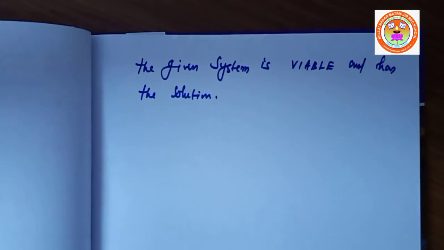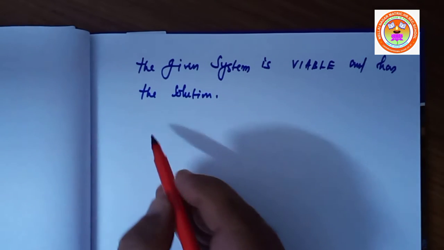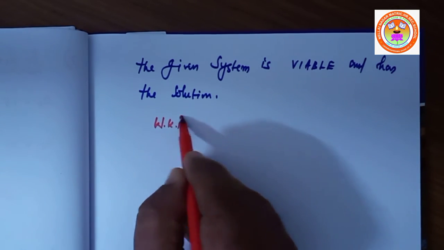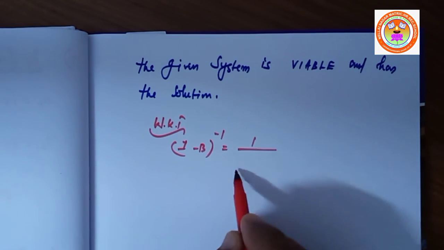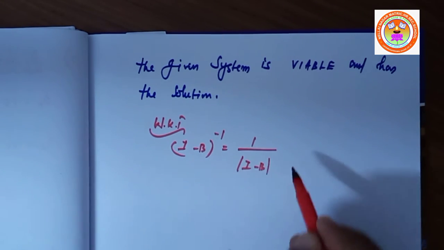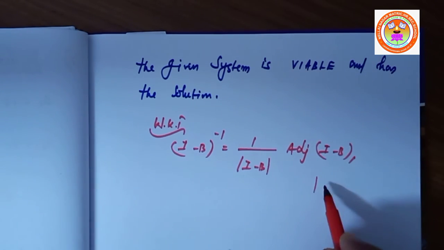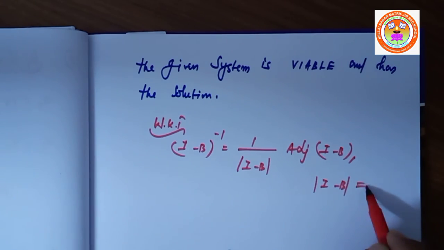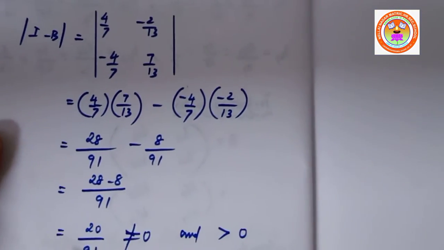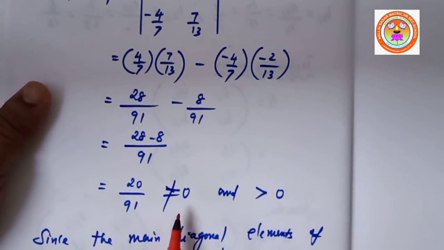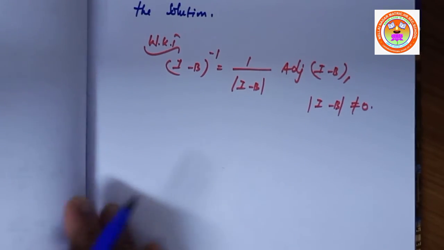To find the solution, we use the (I minus B) inverse formula. We know that (I minus B) inverse is equal to 1 by determinant of (I minus B) into adjoint of (I minus B). The condition, you know very well, is that the determinant of (I minus B) is not equal to 0. Already we got the determinant of (I minus B) as 20 by 91, which is not equal to 0. So we have to find the adjoint of (I minus B).